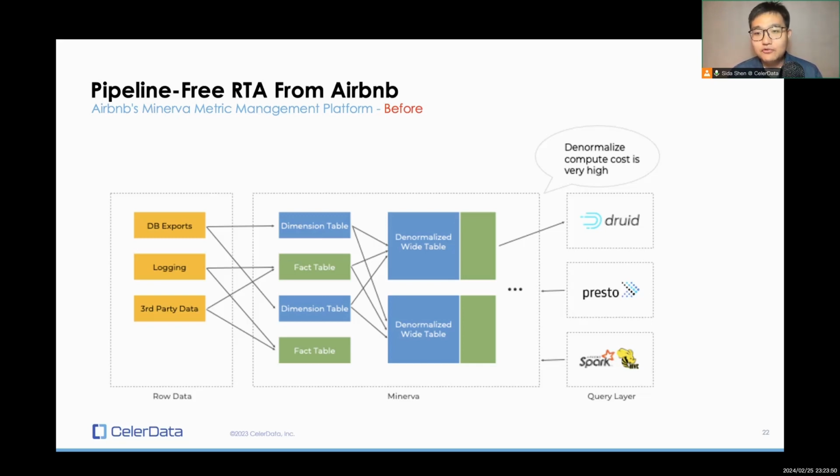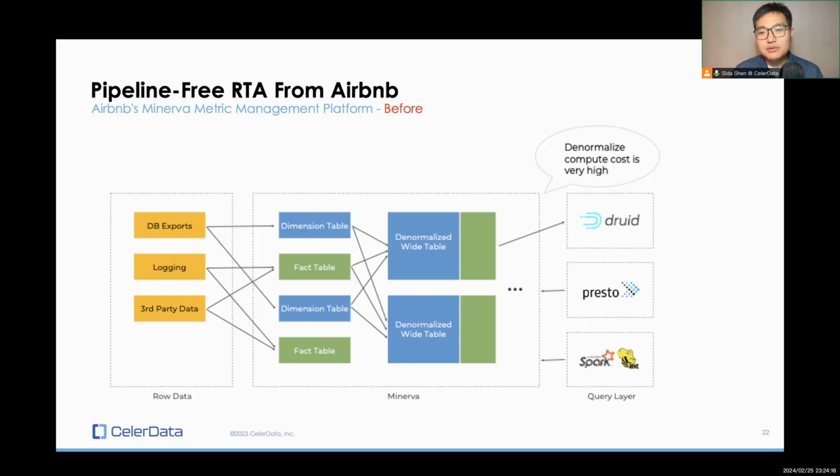Before, they were using Druid, Presto, and Spark as the query slash processing layer, because especially Druid cannot really handle multi-table joins at scale. So they really had to denormalize every table. If it appears in the query, it needs to be denormalized, right? So this creates a lot of problems.